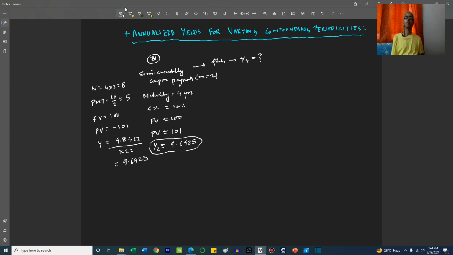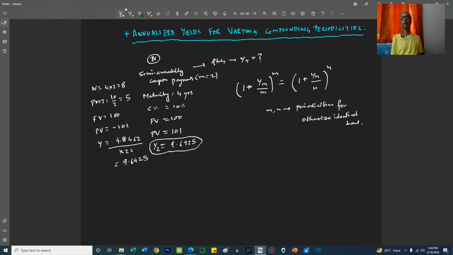Now there is an expression for that. It goes like this: (1 + ym/m)^m = (1 + yn/n)^n, where m and n are periodicities for otherwise identical bonds.